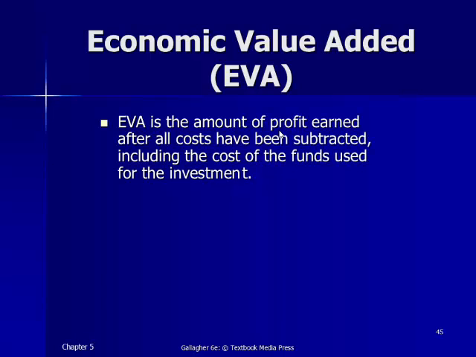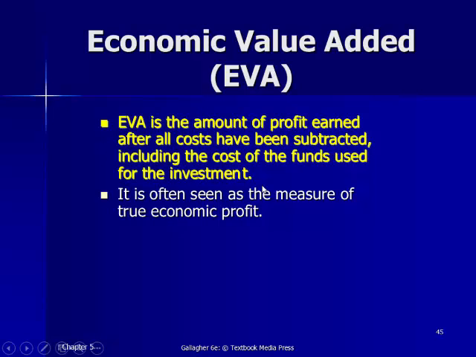This is the amount of profit earned after subtracting all the costs, including the cost of the funds incurred by the firm. And it is often seen as the measure of true economic profit as opposed to the accounting profit that we've been discussing up until now.